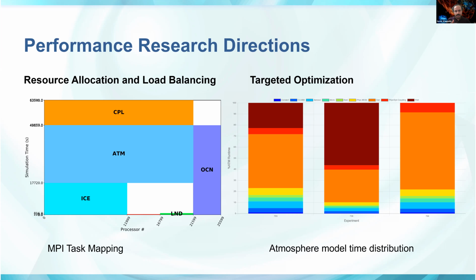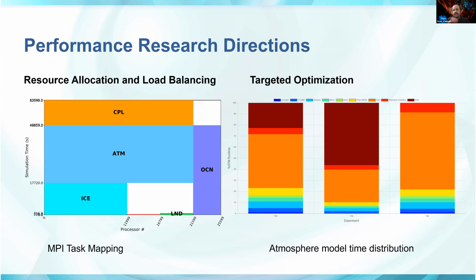So this is a balance, and some of this data is useful for us to understand individual component scaling and then map it into how it might perform in a coupled configuration, and in all the previous coupled configuration runs. We do a lot of tuning of process layouts, and this kind of data is useful for that.